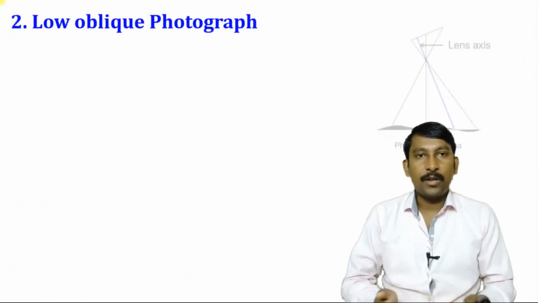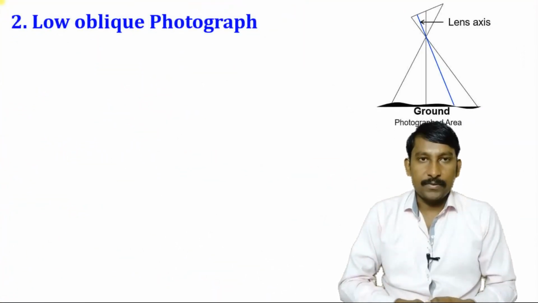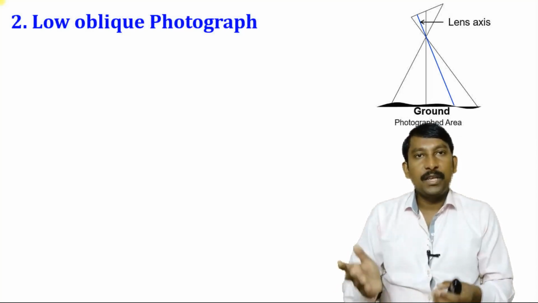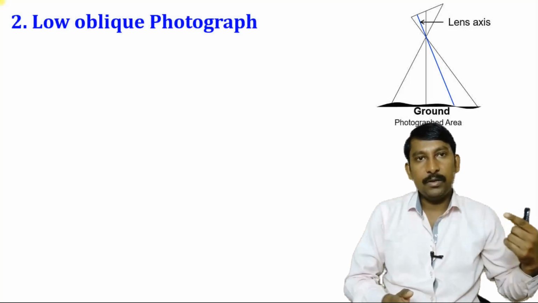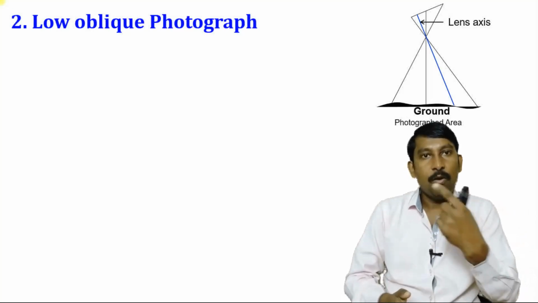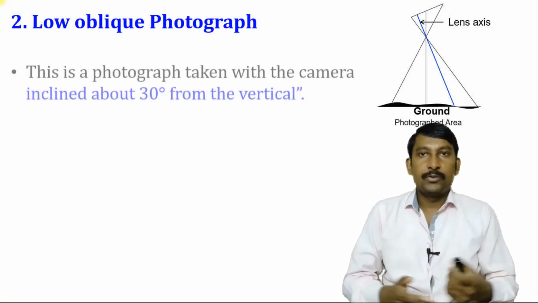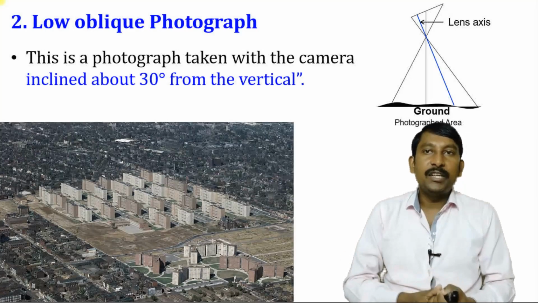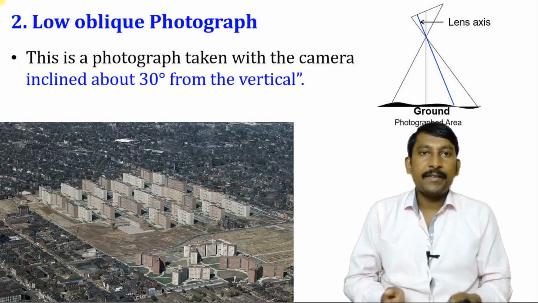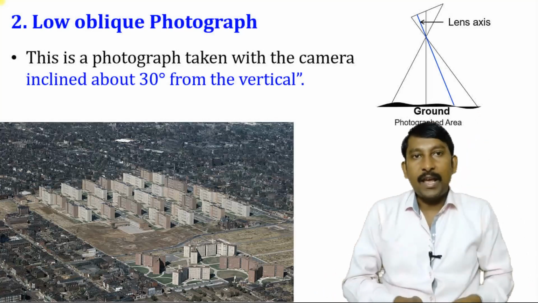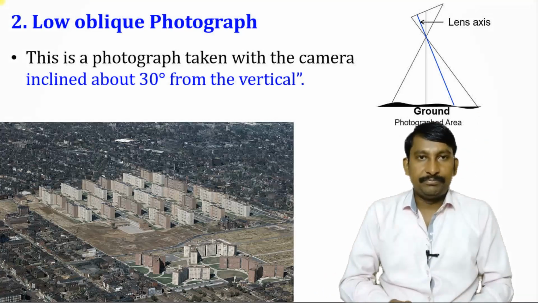Next type of aerial photographs is the low oblique photographs. In low oblique photographs, the camera axis is in an oblique direction or tilted, up to 30 degrees of inclination from the vertical angle or the plumb line.